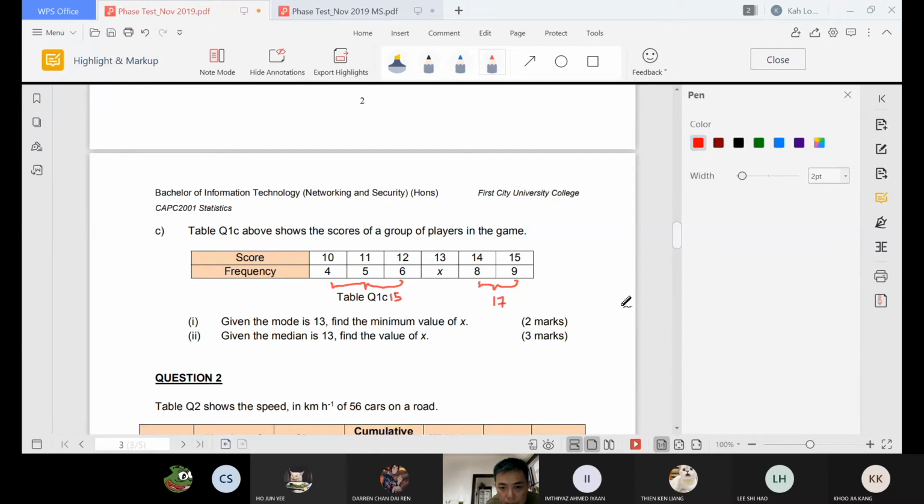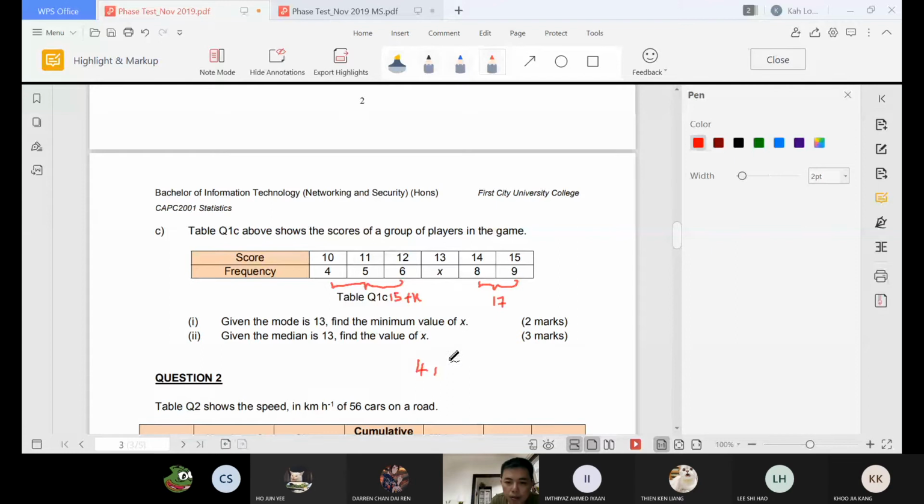So 15 must plus the x, so that it must be in the middle. So how do we make the data be in the middle? Only if you make the total data become an odd number. So how to make it an odd number? For example, how to balance? You know the balancing, right? Just now I showed you the numbers already.